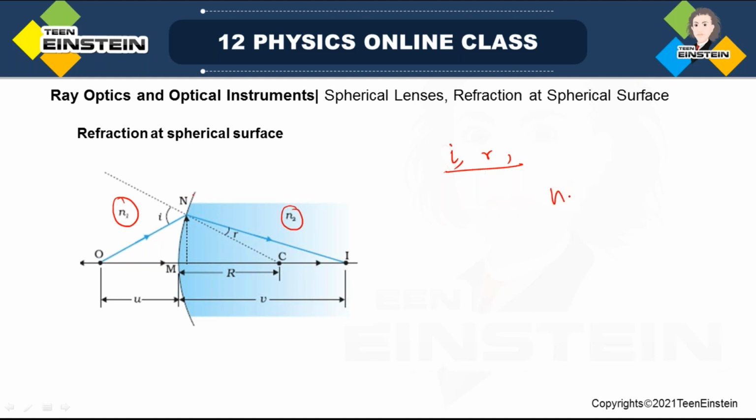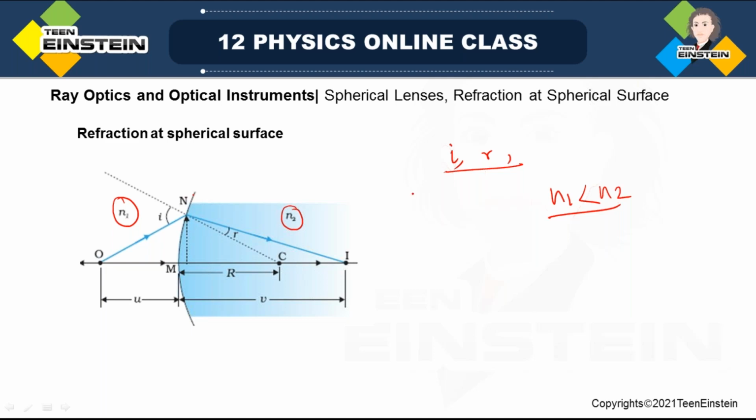So in this case, let us suppose that N1 is less than N2. That means your medium on the left hand side is rarer and the medium on the right hand side is denser. We'll see what happens when refraction happens at this spherical interface. So this geometry can give you the answer for that.